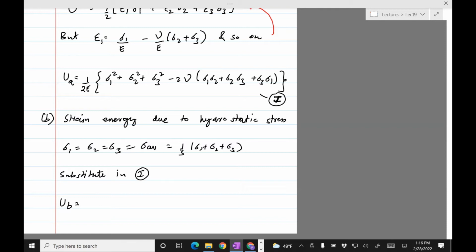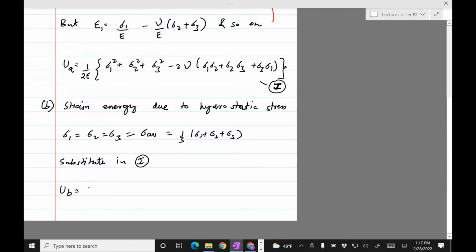You get something like this: 3 times (1 minus 2 nu) divided by E, times sigma 1 plus sigma 2 plus sigma 3 divided by 3, squared.